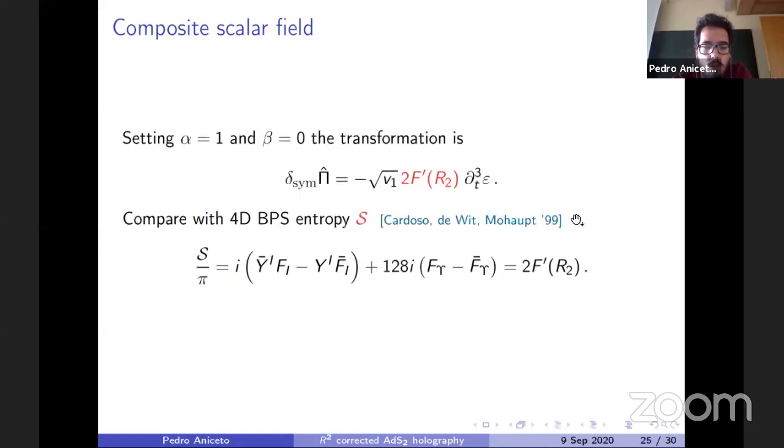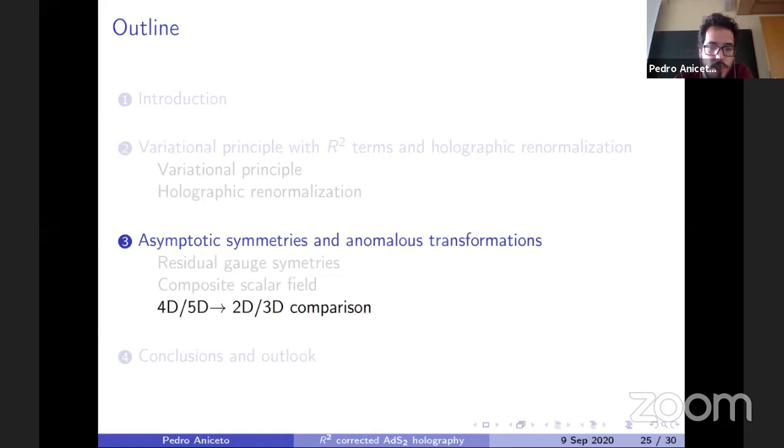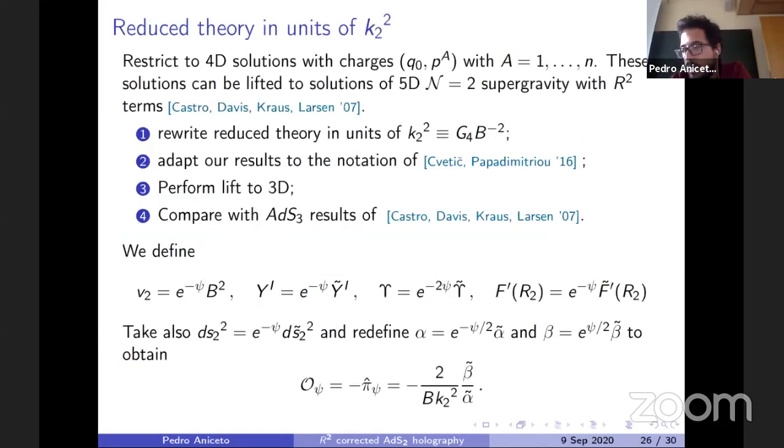Finally, one thing that one can actually discuss using these theories is to compare them with the AdS3 description that one can obtain when one lifts these theories to 5 dimensions. So our 4-dimensional solutions under specific impositions, namely, you should take one of the abelian gauge fields and set its magnetic charge to 0. And then you can treat that gauge field as a Kaluza-Klein vector field.